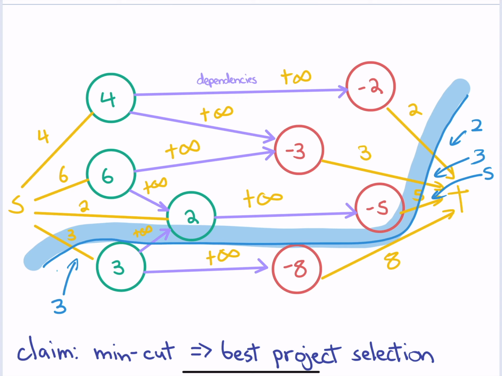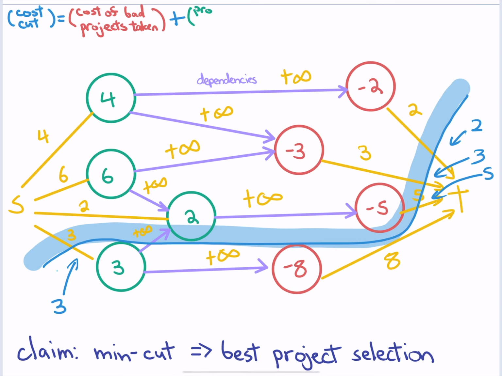But if we wanted to write out the math, the cost of the cut is equal to the cost of the bad projects, the red projects taken, plus the profit of good projects omitted.